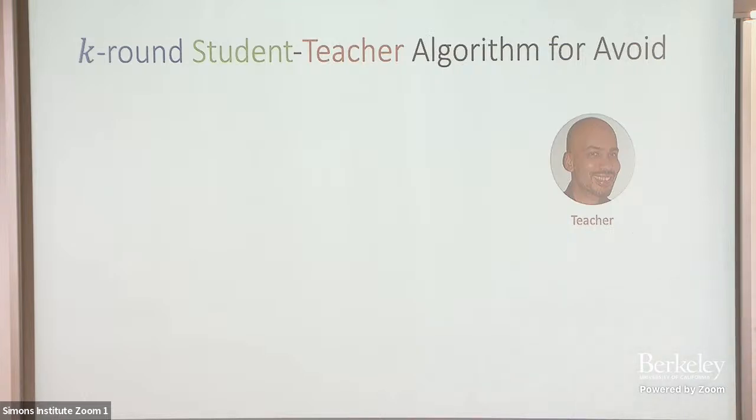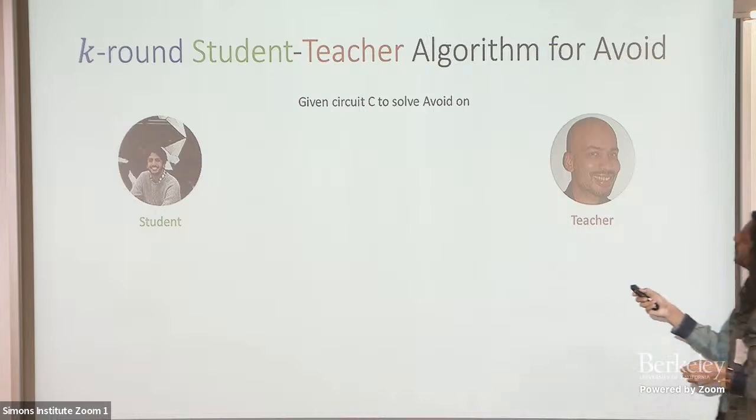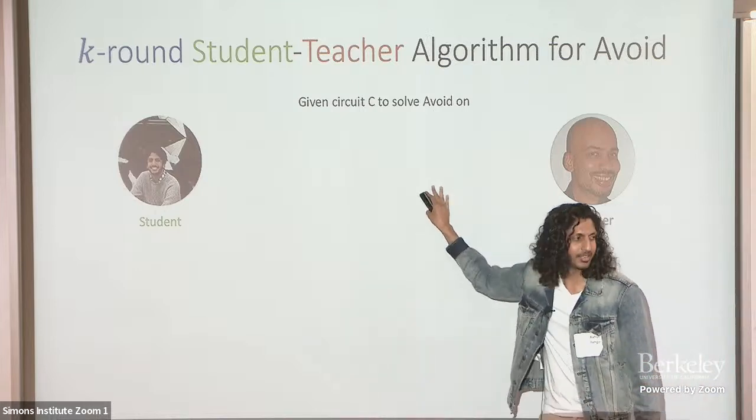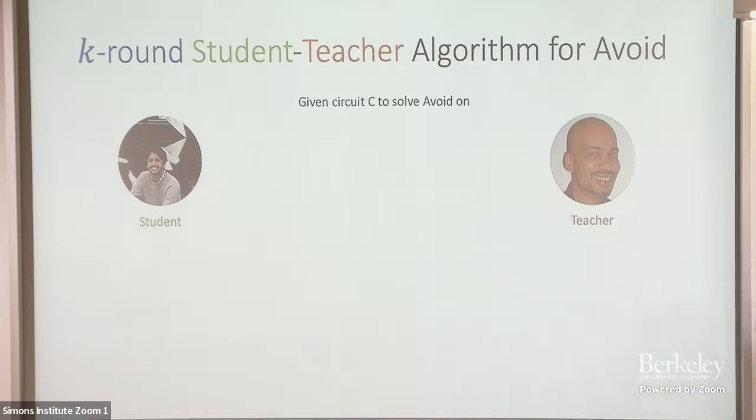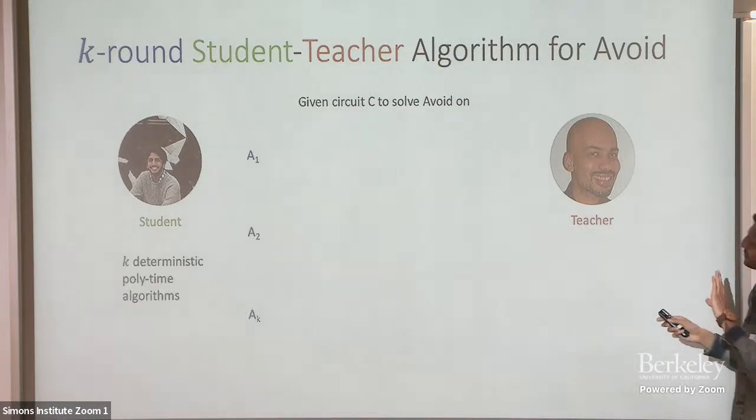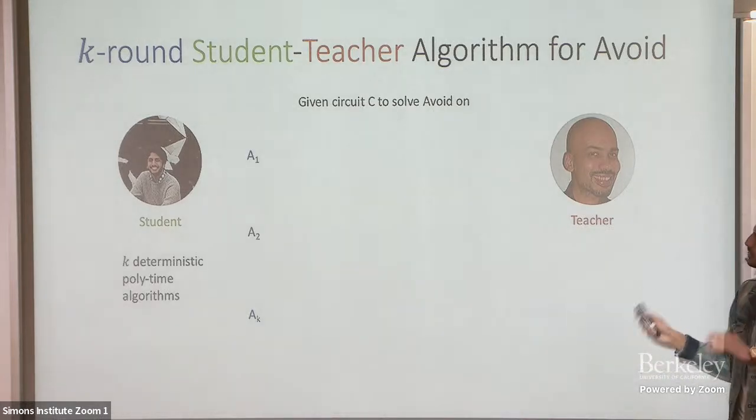And on the other hand, you have a misguided but well-meaning student, and the goal is that the student wants to solve Avoid on some circuit. What is a student? A student, as we all know, is k deterministic polynomial time algorithms, just A1 up to AK.